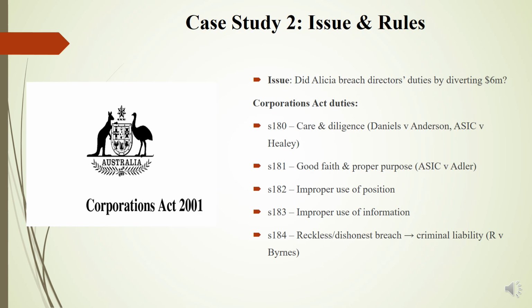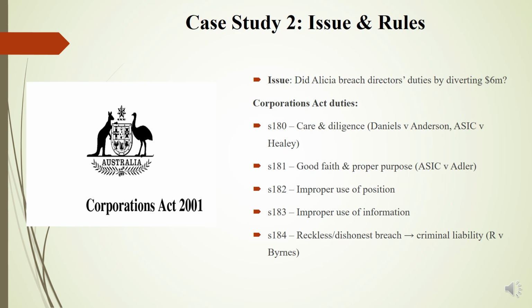Section 180 requires directors to act with care and diligence, emphasized in Daniels v Anderson and ASIC v Healey. Section 181 mandates good faith and proper purpose, supported by ASIC v Adler.